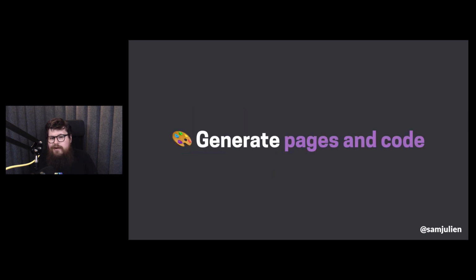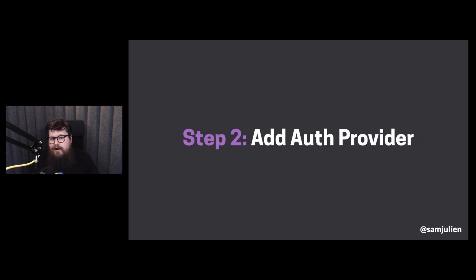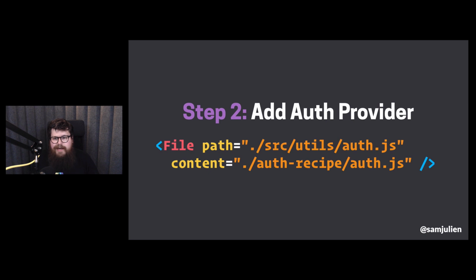And then we can also use the recipe to generate pages and code and move things around for us. So let's do that. Let's add the auth provider. We can do that by writing that boilerplate code once in a source folder, and then using this file component to move that into there. Notice here that we have a path option.